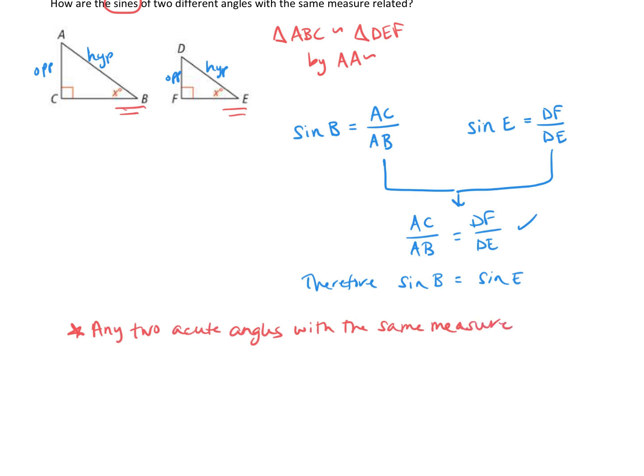In this case, angle B and angle E are acute, and we can see they have the same measure. Maybe we'll throw the word value, the same sine value.